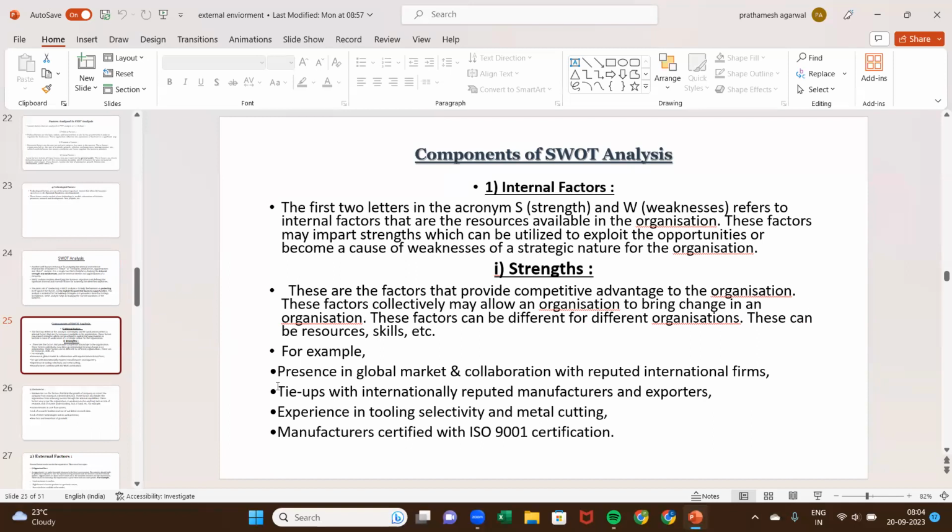We have given an example: presence in the global market and collaboration with reputed international firms. There can be tie-ups with internationally reputed manufacturers and exporters, experience in tooling and metal cutting, and manufacturers certified with ISO 9001 certification.